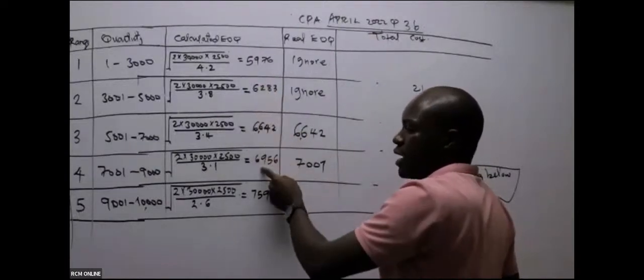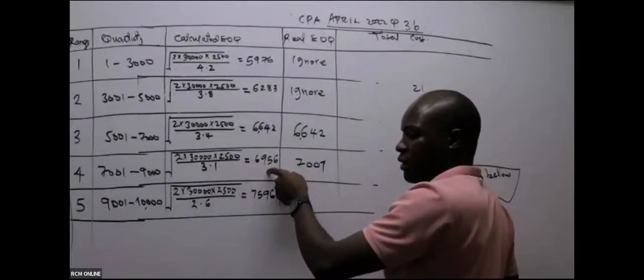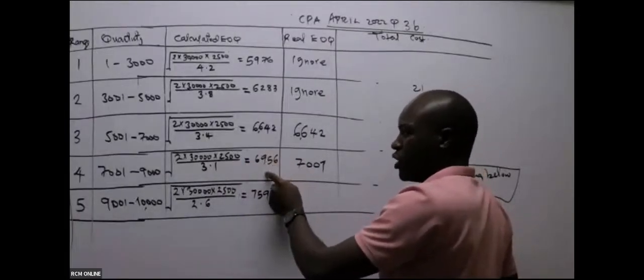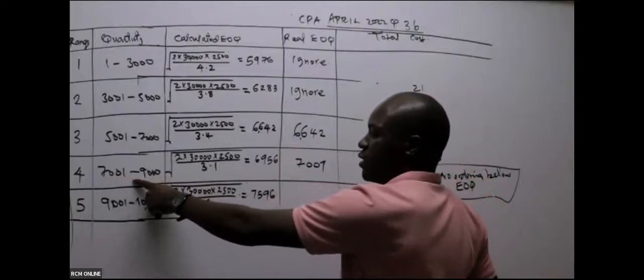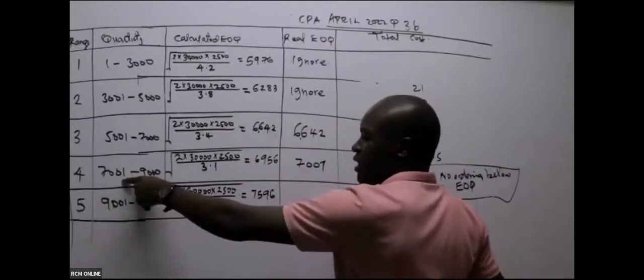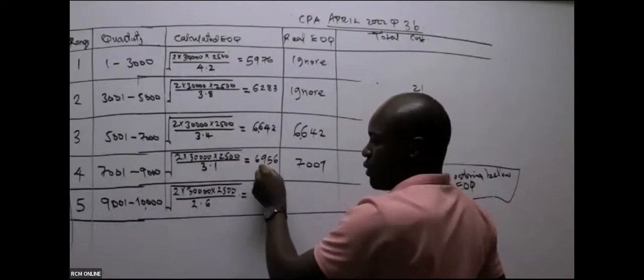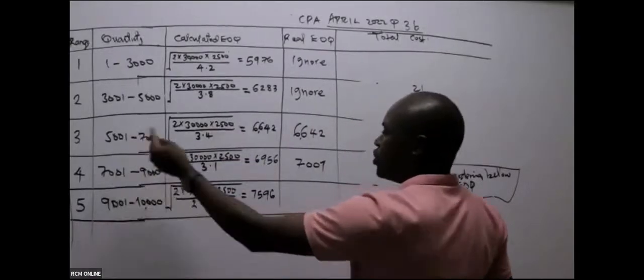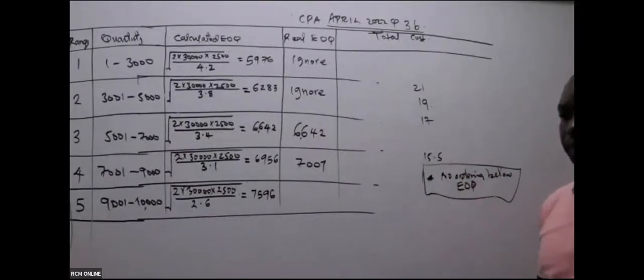But this one here is advising us to take something that is slightly above the calculated economic order quantity. So that's why we are now taking the lowest within this range. Remember, they have said for you to get a discount, you must purchase at least 7,001. That's why we are now purchasing this one here to enjoy the 15.5 shillings discount.